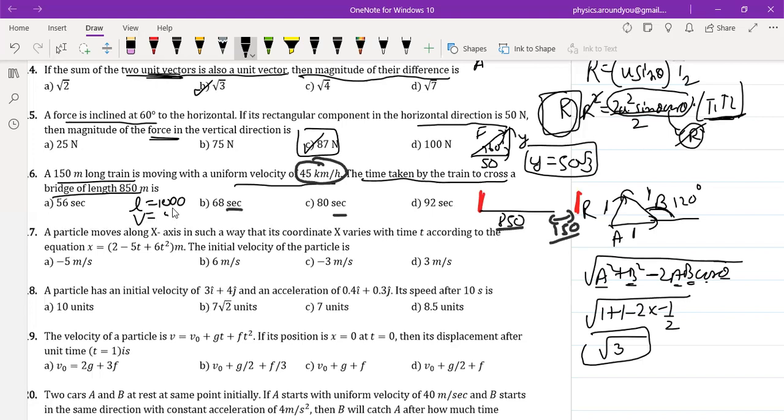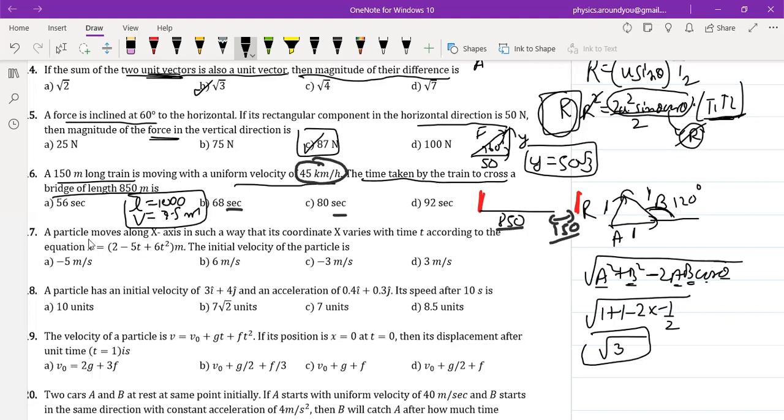That, if you take 5 factor, it would be around 7.5 meter per second. And then you take the ratio of both of them. Time is distance by speed. So you get the answer. That is about the 16th question.